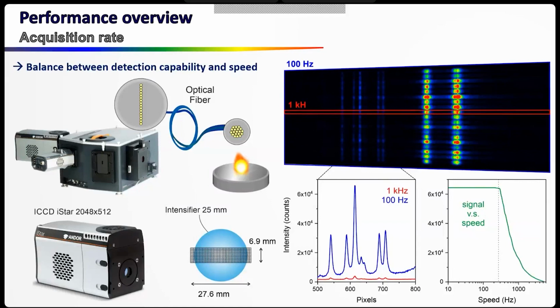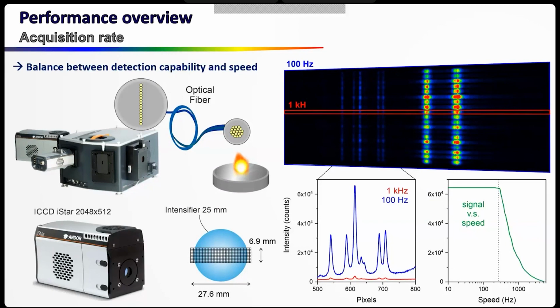So you don't read your matrix in terms of an image, but only as one spectrum where each row is accumulated. It's a full vertical binning mode. In the current model of such ICCD detector, you can operate this full vertical binning mode at 100 Hertz, but you cannot operate it at 1 kilohertz.